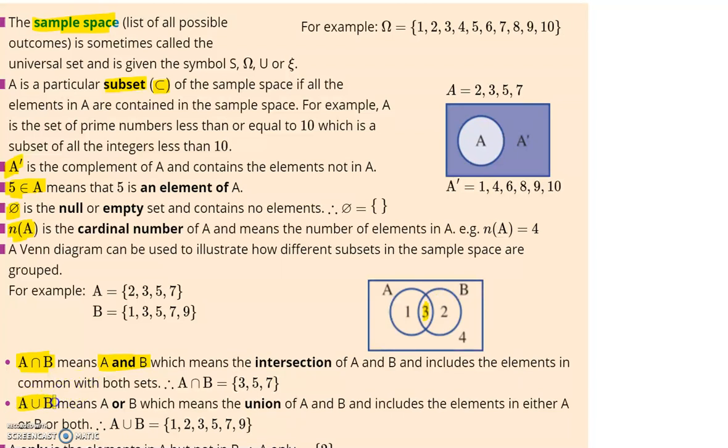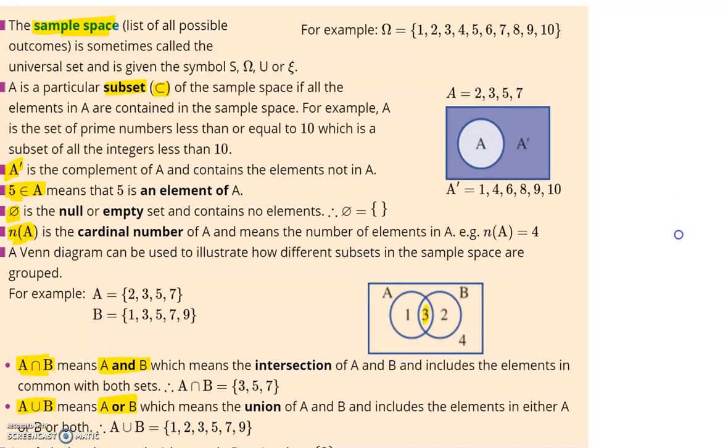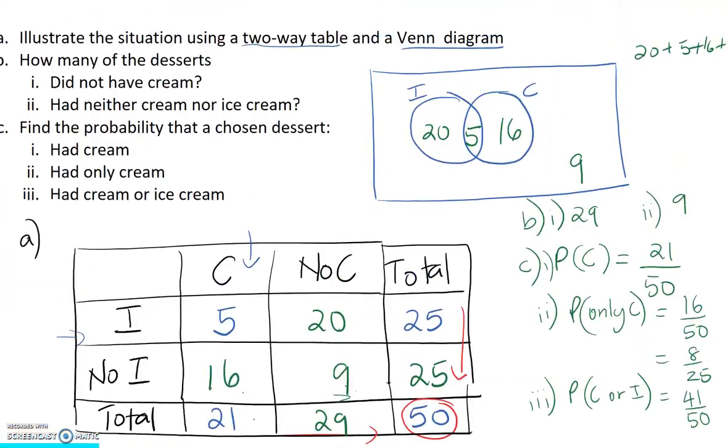Then A union B, or A or B, means everything in set A and everything in set B. Hope that makes sense.